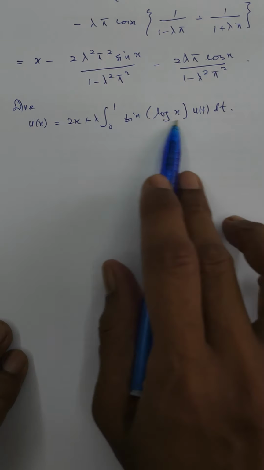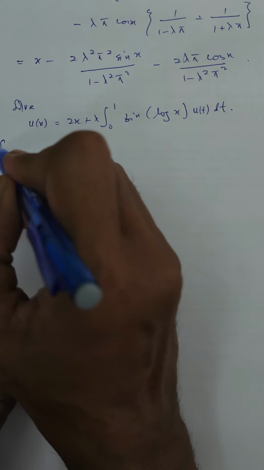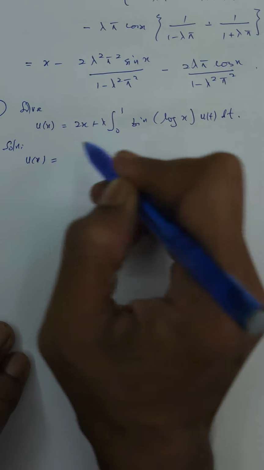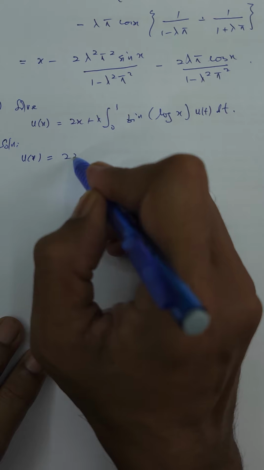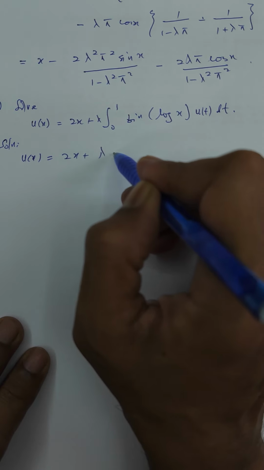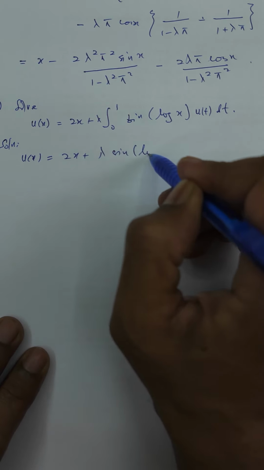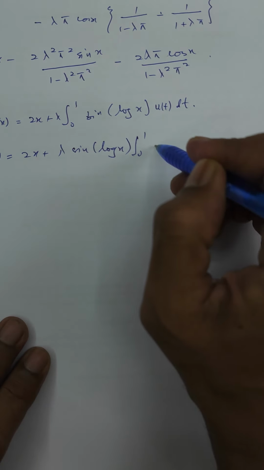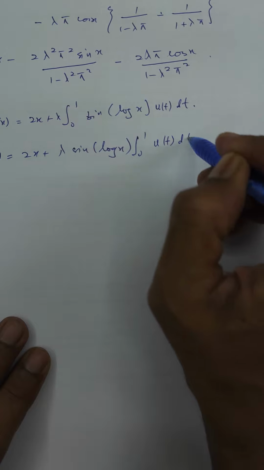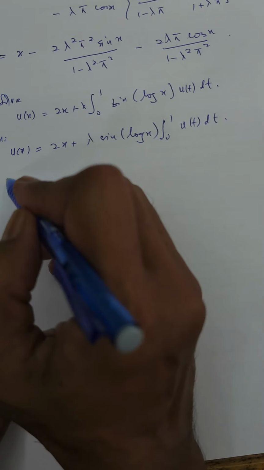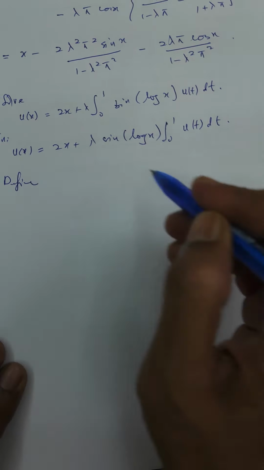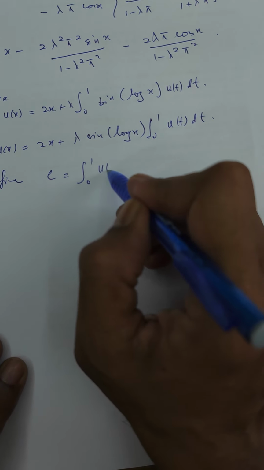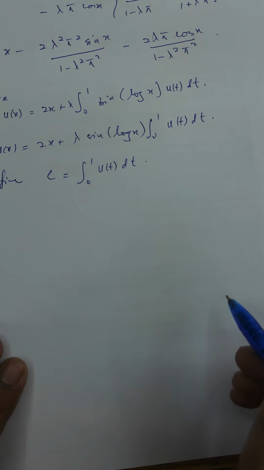Okay, so we can write this equation as u(x) equal to 2x plus lambda sine log x times the integral from 0 to 1 of u(t) dt. Then we define c as the integral from 0 to 1 of u(t) dt.